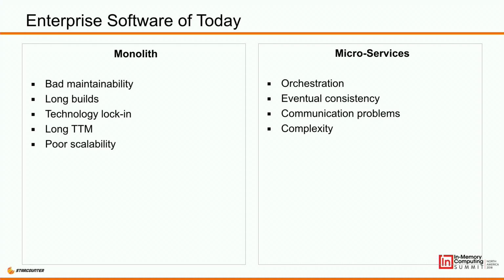It's a common understanding now that monoliths cause troubles and should be avoided at all costs. Some of the problems that we see are very long builds, bad maintainability, lock-in to specific technologies, and also huge effort to change something in such a monolith. And therefore, we have a longer time to market and many more.